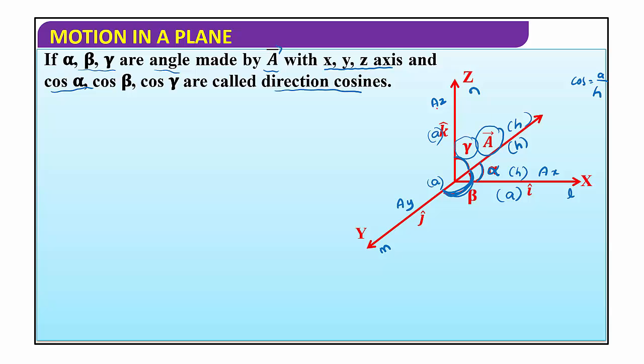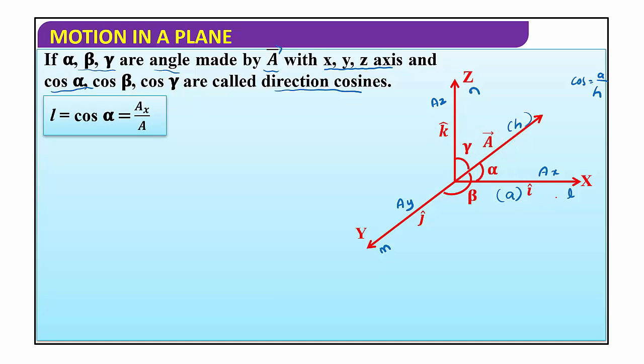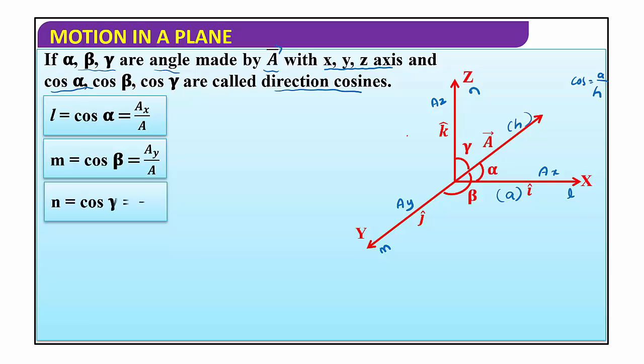These are direction cosines. So we can write for the x-axis L equal to cos alpha equal to AX divided by A, adjacent side divided by hypotenuse. Similarly, M equal to cos beta equal to adjacent side divided by hypotenuse, so AY divided by A. Then come to the next one, gamma.